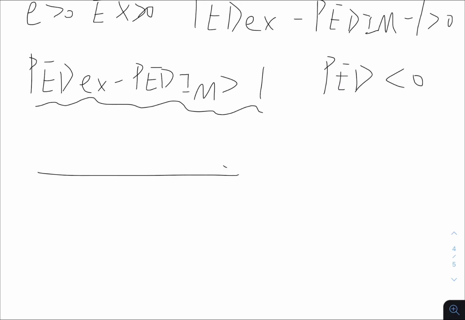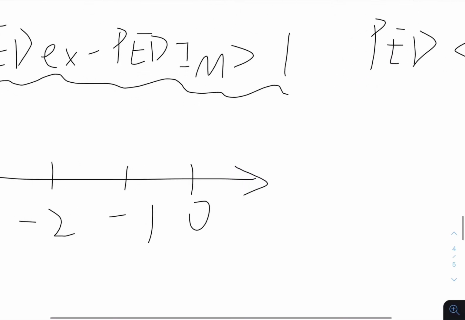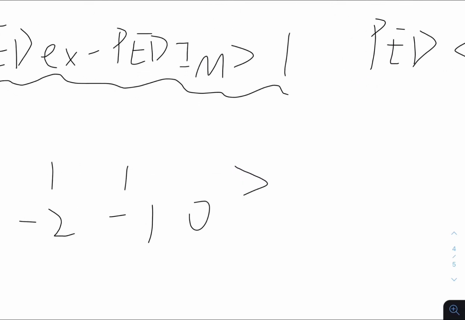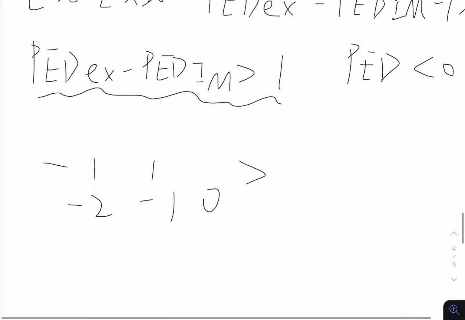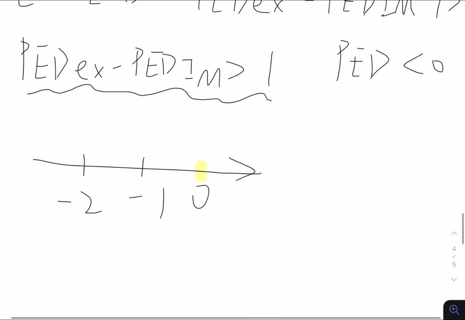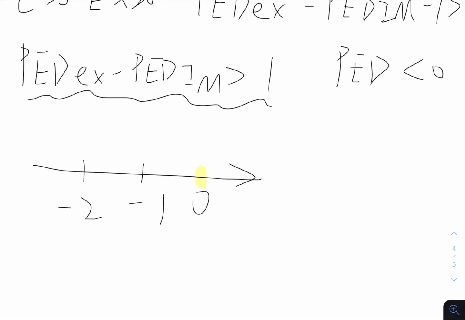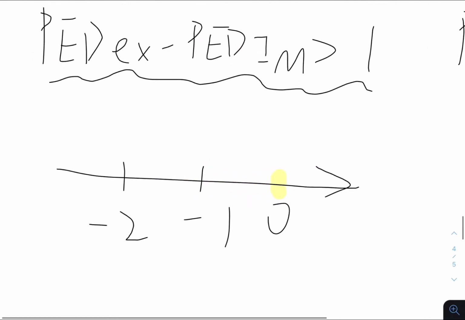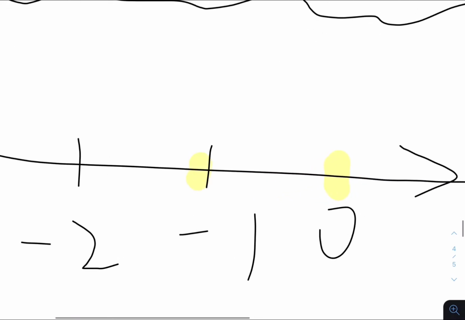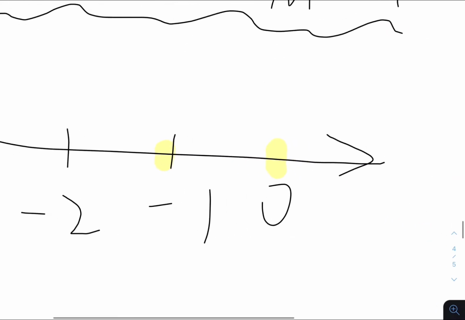Let's draw a number axis, 0. Even if, let's imagine, one of them equals 0. Because the distance between them is larger than 1, the other number must be on the left side of negative 1.